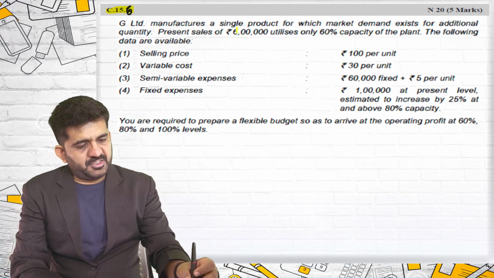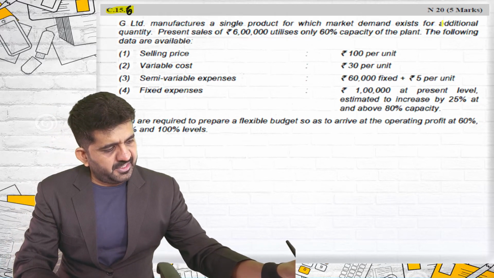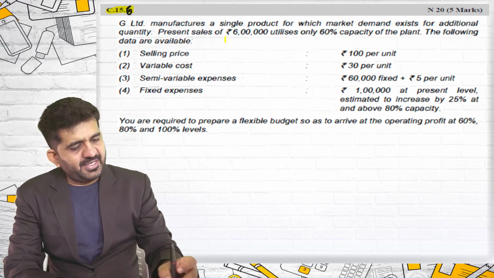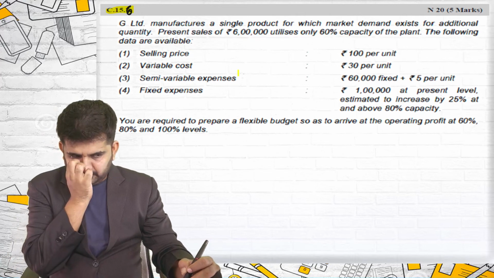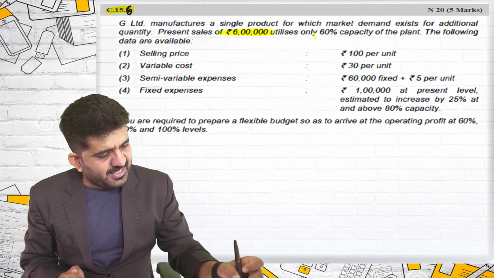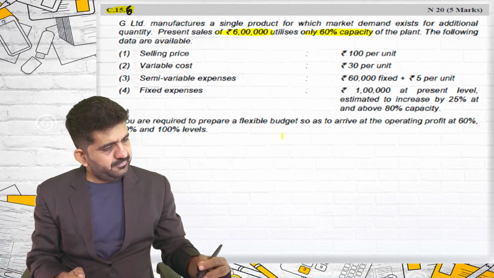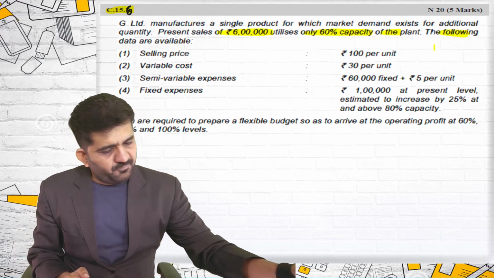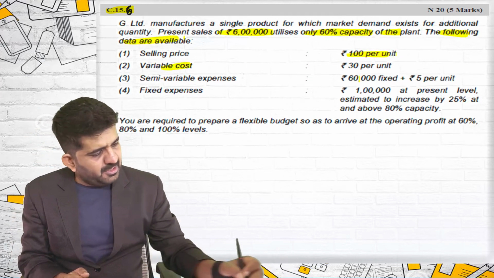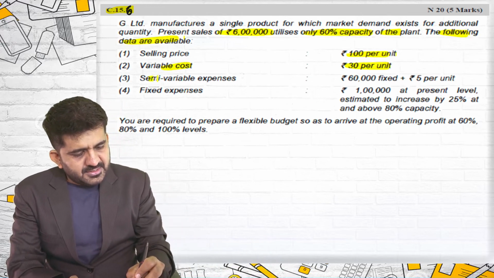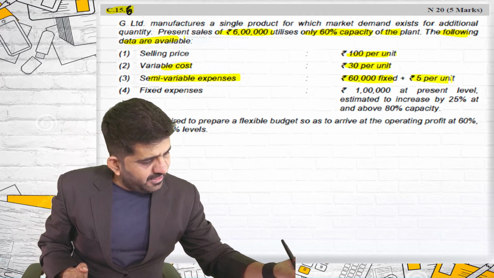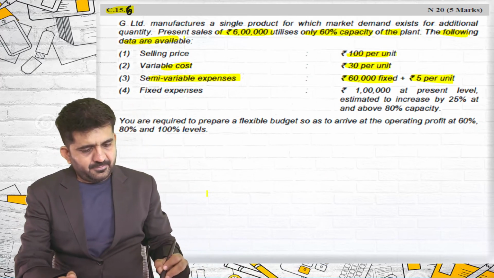G Limited manufactures a single product for which market demand exists for additional quantity. Present sales is 6 lakhs, utilizing only 60% capacity. So rupees 6 lakhs is 60% capacity of the plant. The following data are available. Selling price is 100, variable cost is 30, semi-variable expense 60,000 fixed and 5 per unit is variable.